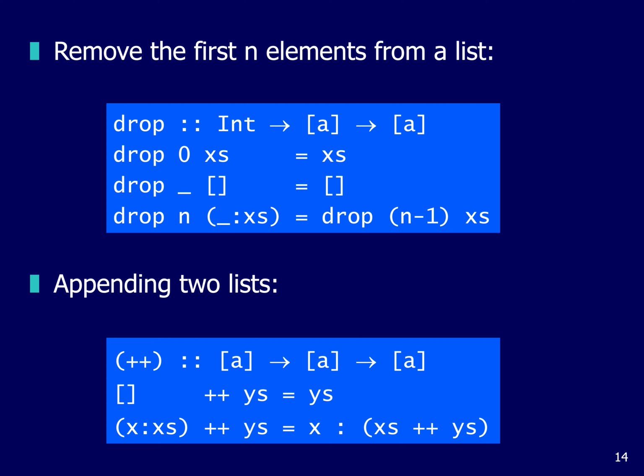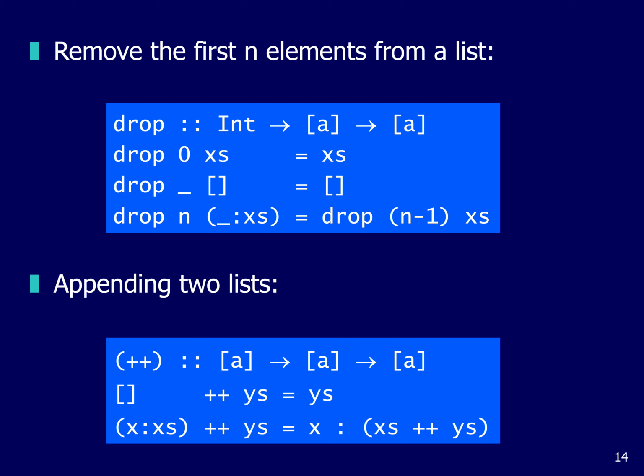The second case says if you drop any number of elements from a list with nothing in it, you give back a list with nothing in it. And this is a design decision here. If I was trying to drop 5 elements from an empty list, the Haskell designers could have made it just crash or raise an exception, but they chose to make it return an empty list in this case, so that the program doesn't crash. Then the final case simply says if you drop any non-zero number of elements from a non-empty list, then you simply drop 1 fewer element from the tail of the list.